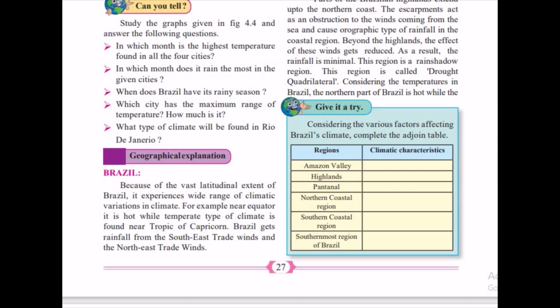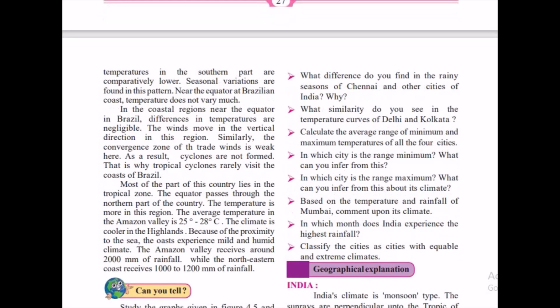Considering the temperature in Brazil, the northern part of Brazil is hot, while the temperatures in the southern part are comparatively low. The seasonal variations are found in this pattern. Near the equator, on the Brazilian coast, the temperature does not vary much.